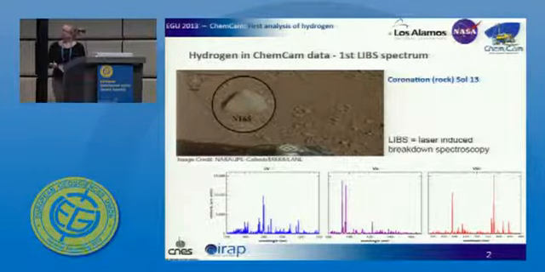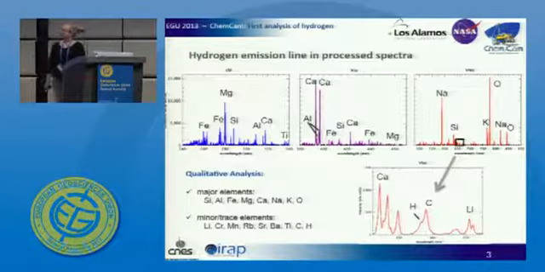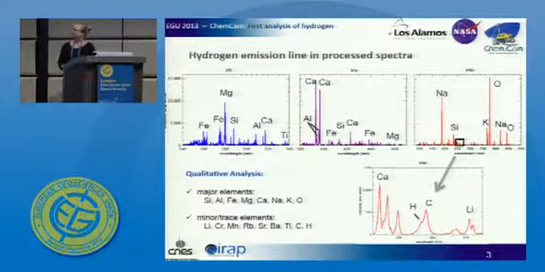Below you can see the LIBS spectrum, laser-induced breakdown spectroscopy. You can see the 3 wavelength ranges we see with ChemCam, which are the UV, the visible, and the visible to near-infrared region. I marked here all the elements we can see with high intensity in those spectra, mostly the major elements.